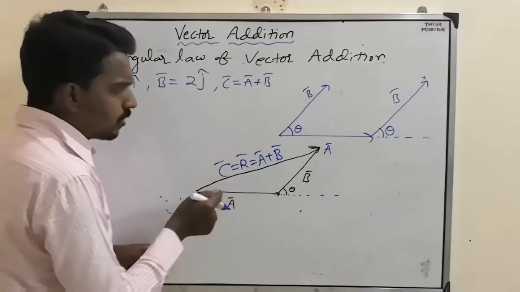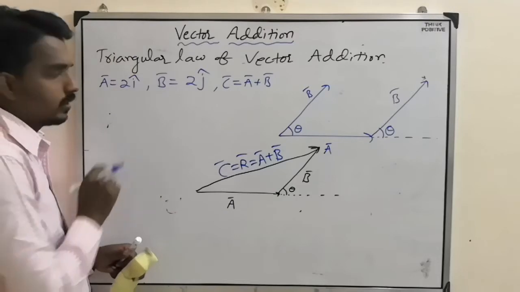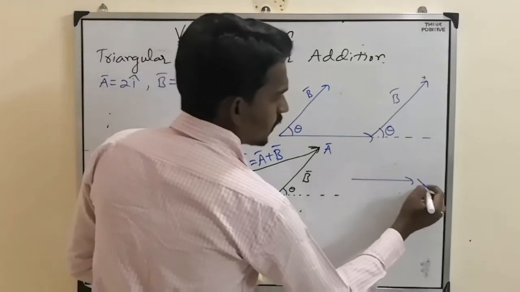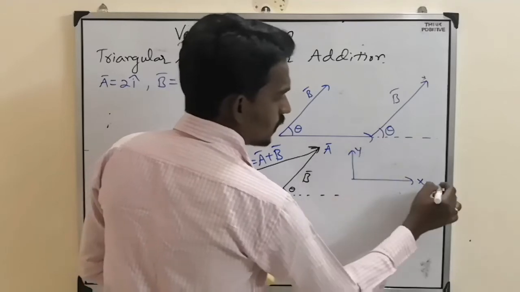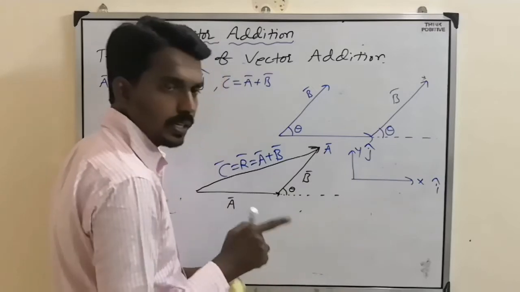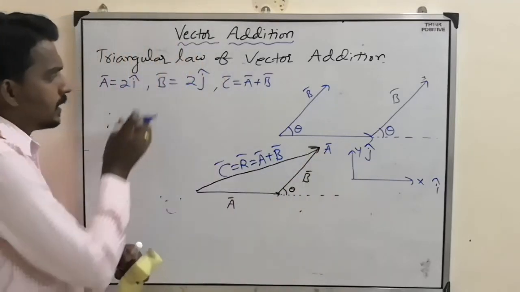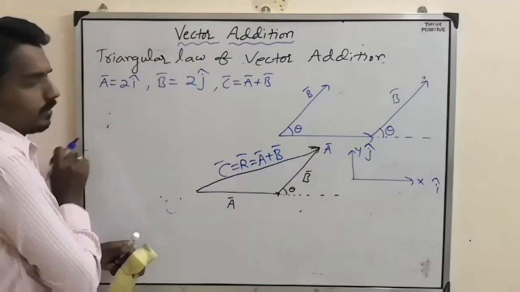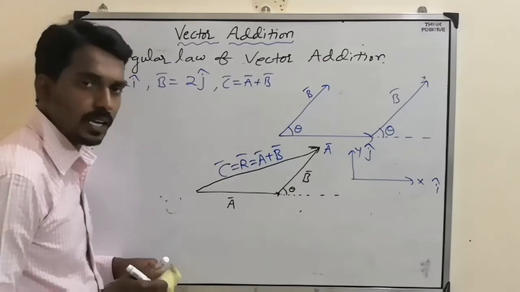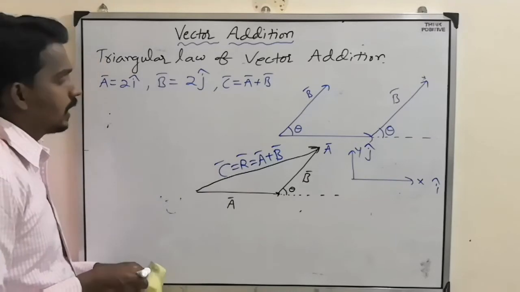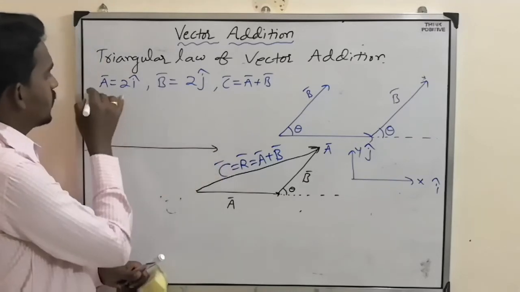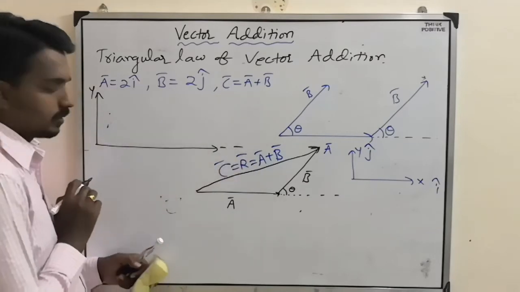What I said is, first draw the first vector, that is 2 i cap. Our general representation: this is x, this is y, this is i cap, this is j cap, and this one outward is k cap. In the same way, first A bar. What is A bar? 2 i cap. I cap means which direction? X direction. Let's take it here. So this is our x direction. This is our y direction.